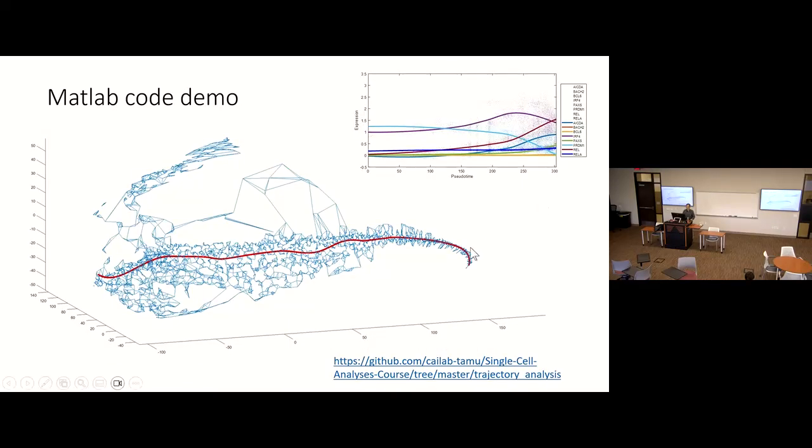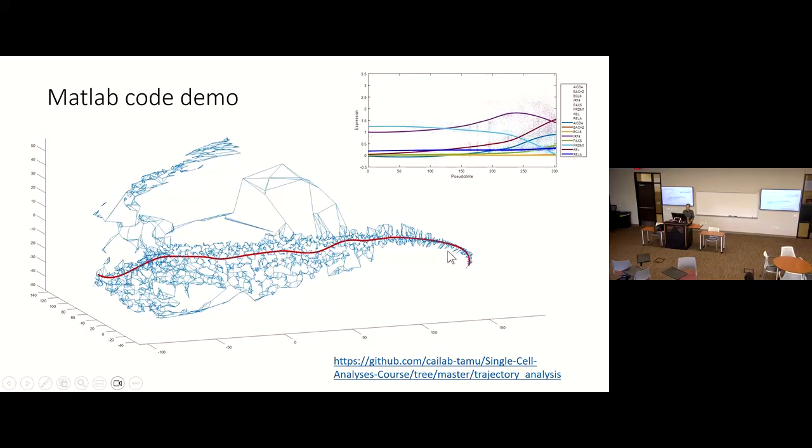This is in MATLAB. We can compute the network of cells, and this is in the t-SNE. Then you select the k and create this k nearest neighbor network. From here, we can build a trajectory.